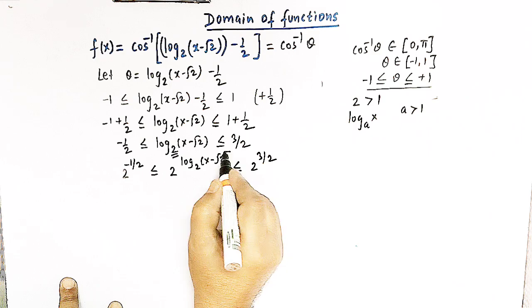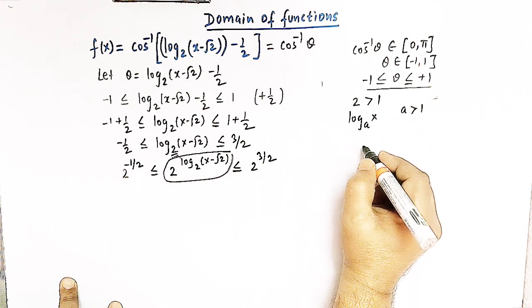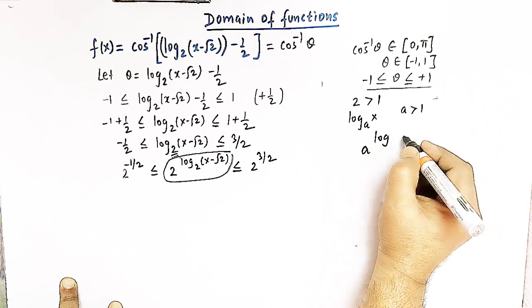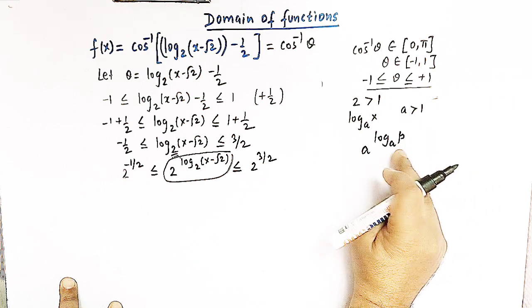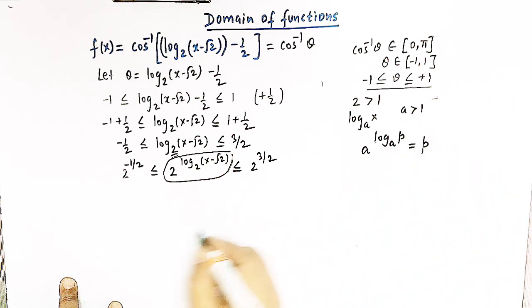So now let us see this expression. Now this expression is of the form a raised to log of p to the base a. Then we know that the value of this expression is equal to p.